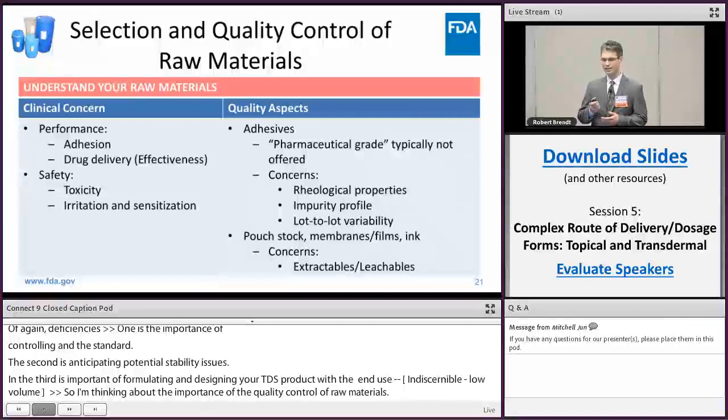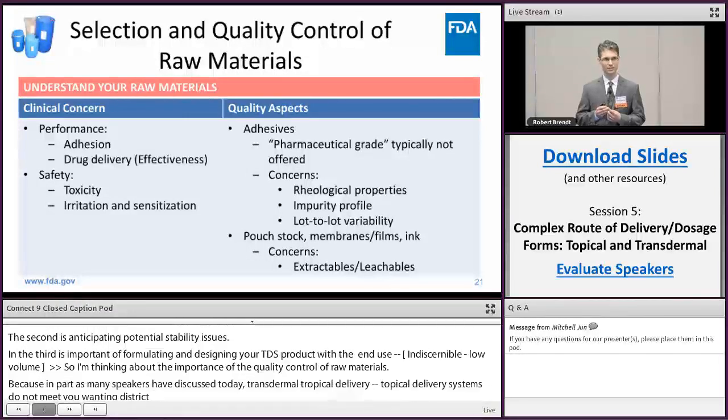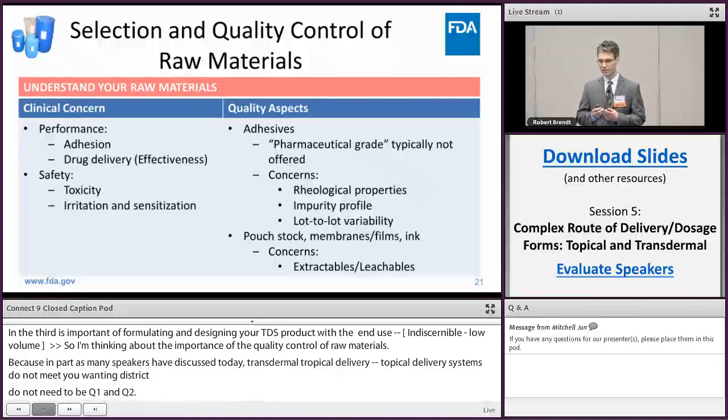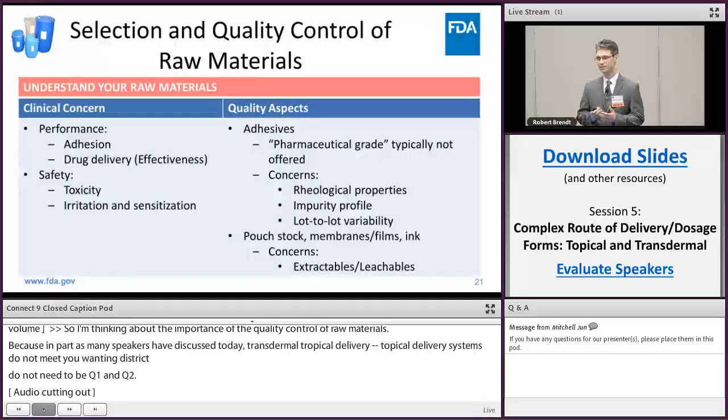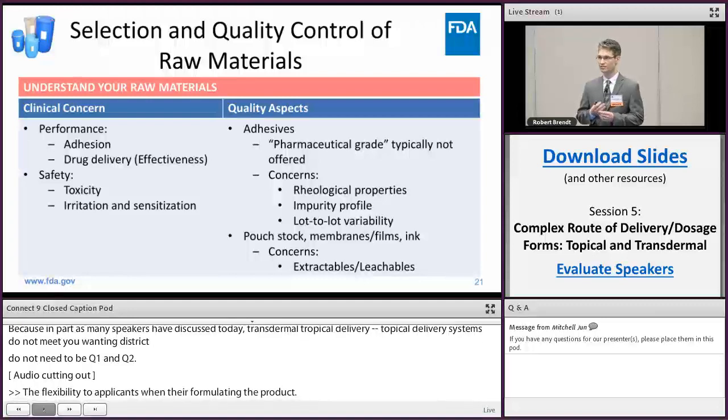Some of the quality concerns involve adhesives and control of the rheological properties and lot-to-lot variability therein. Another concern is with the impurity profiles associated with the adhesives as well as the other components, such as the films that are typically used for transdermal and topical delivery systems.